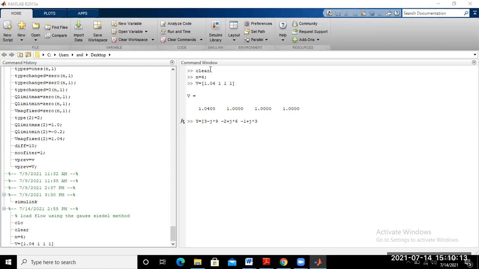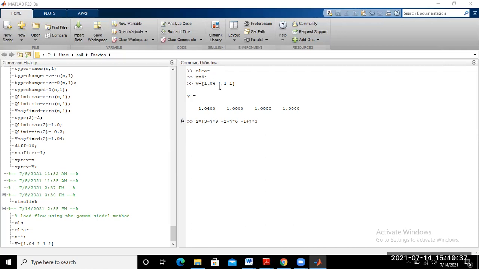Now, sir, here the number of buses is 4. Yeah. Now is it clear or not? Yes, sir. The number of buses is 4. So what is the admittance matrix order for this system? You can consider any system. Now I just consider a 4 buses system.